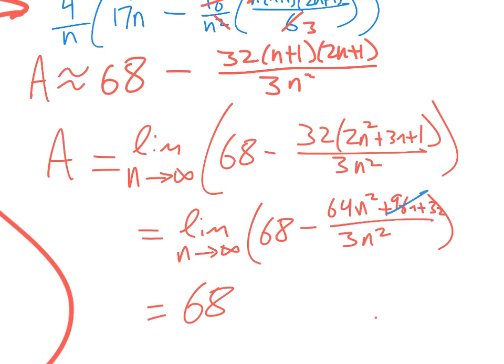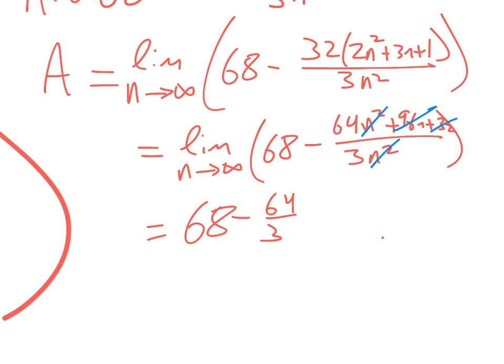So these lower terms are small potatoes in relation to a million squared or a billion squared. Because we're going to infinity, we can ignore the lower degree terms. And once we do that, we have 64n squared over 3n squared. Well, those n squareds cancel, and now we're left with 64 thirds. So minus 64 thirds. So we just found our limit.